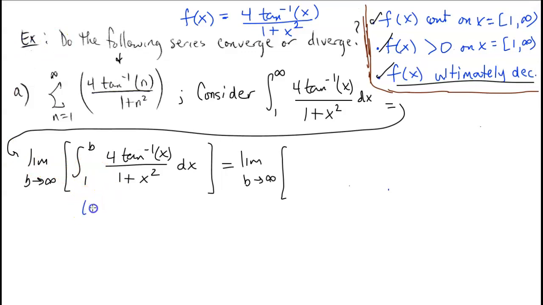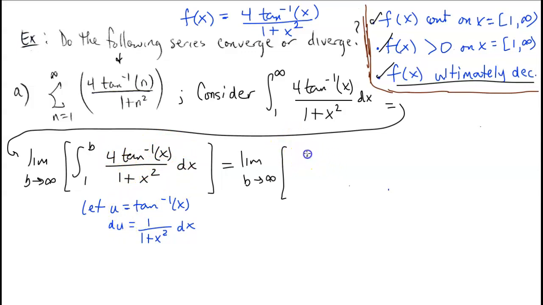And so if we let u equal arctan of x here, then it means that du is going to be 1 over 1 plus x squared dx. So we see here that we have a way of being able to replace our integrand in terms of u.